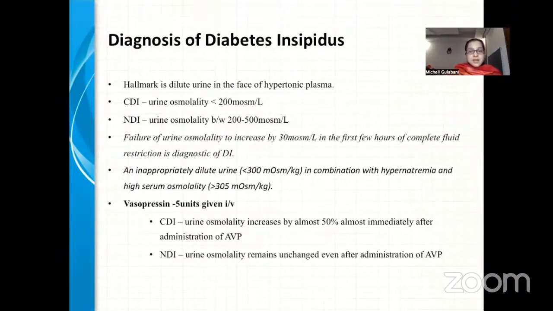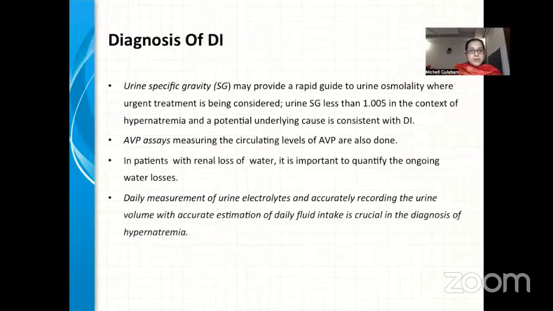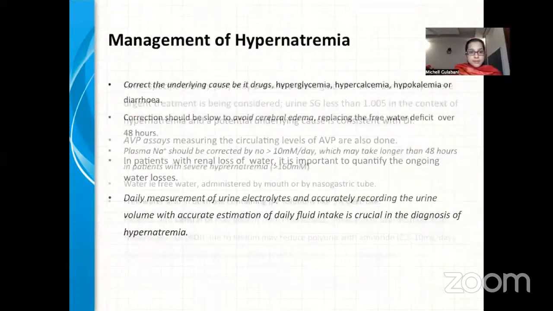So diabetes insipidus is a condition in which there is inappropriately dilute urine, less than 300 milliosmoles per kg, in combination with hypernatremia and high serum osmolality. So for the diagnosis of DI, we need to daily measure the urine electrolytes and accurately record the urine volume, and estimation of the daily fluid intake is crucial for this diagnosis.